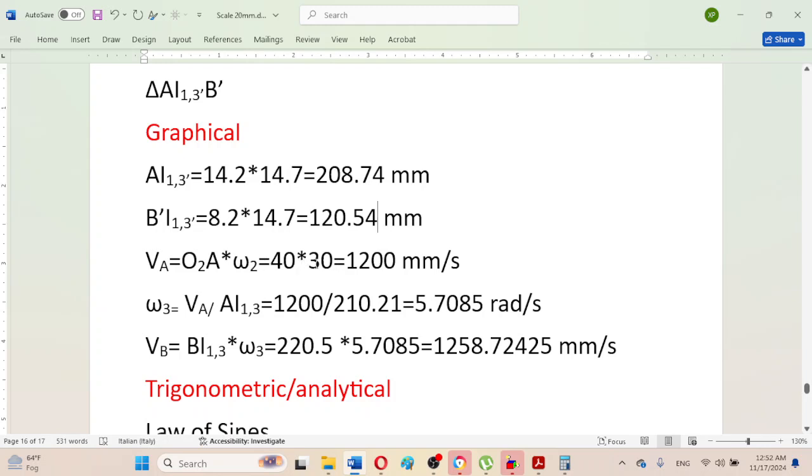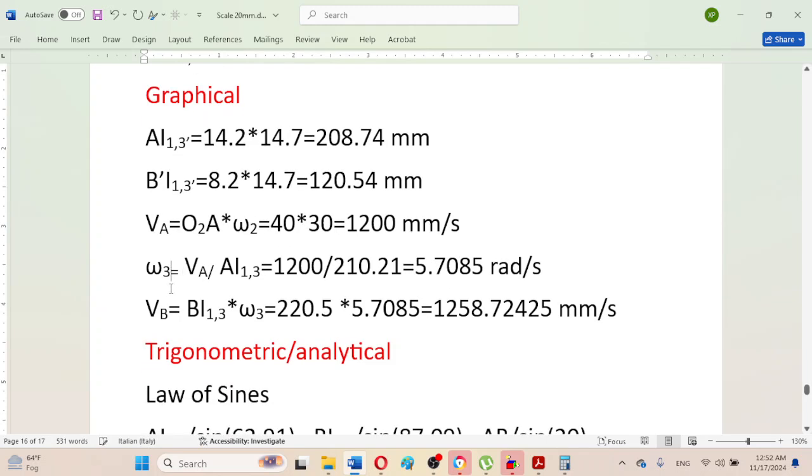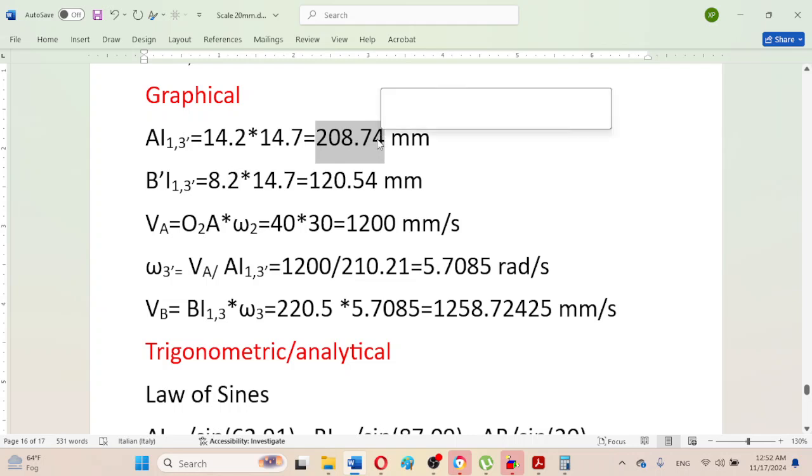So here that came equal to omega 3 dash, so here we changed the value, this is equal to 208.